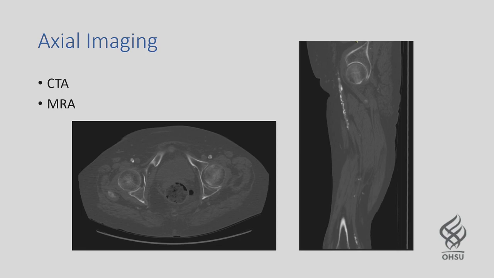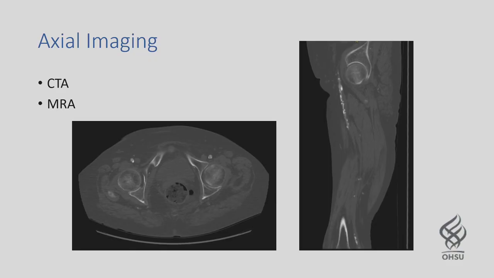We want to know the status of the femoral arteries bilaterally as well as the iliac arteries. So if the patient's going to get contrast, they're going to get radiation. It's not saving them anything to just take a picture of one leg.